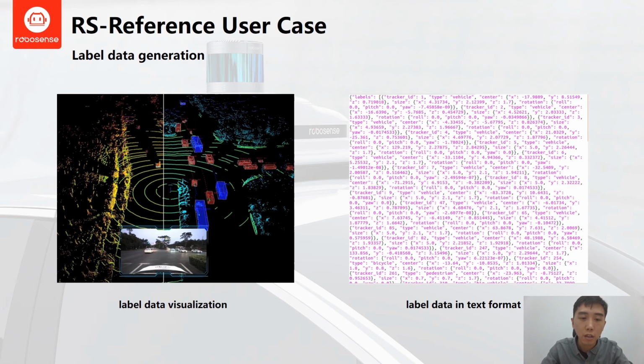This reference system can help to generate large labeled data. Here is the visualization: on the left, the raw data, and after the process of this reference system, you can generate all these labeled data.